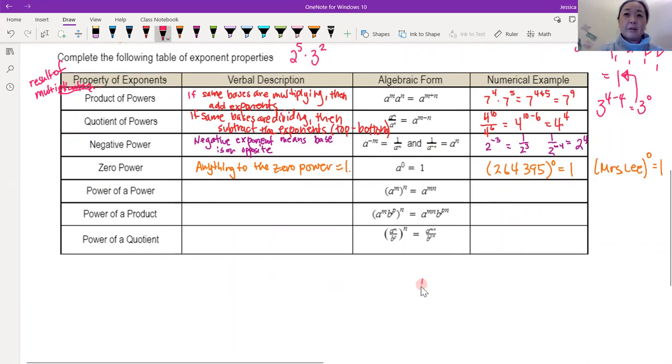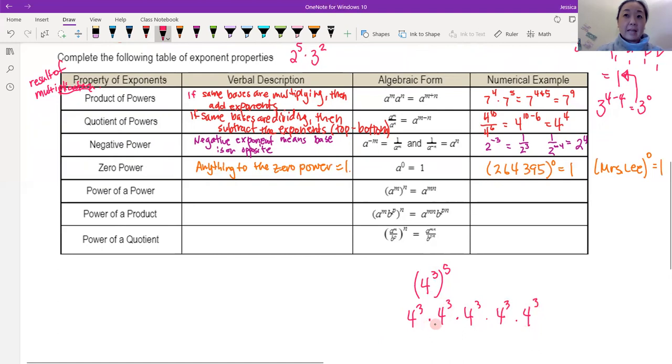It'll be 4 to the third power, and then we're going to do that to the 5th power. So 4 cubed to the 5th power. What does that mean? It just means it's going to be 4 cubed, times it 5 times. Whatever's inside the parentheses, that's what we're doing 5 times.